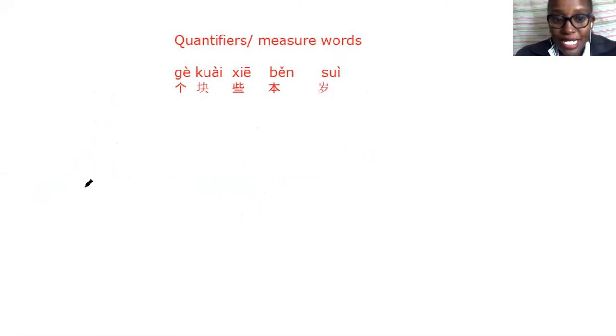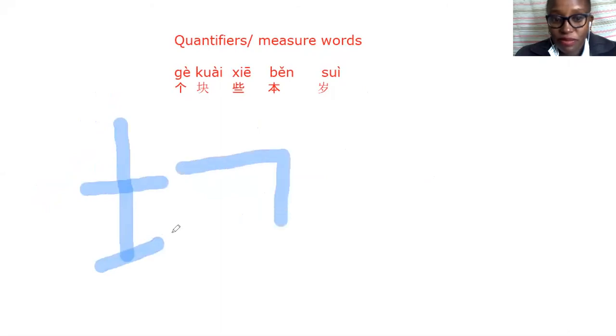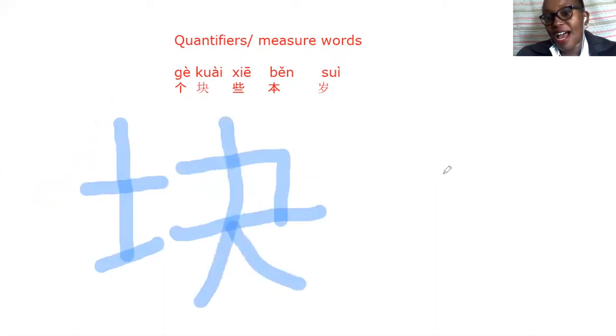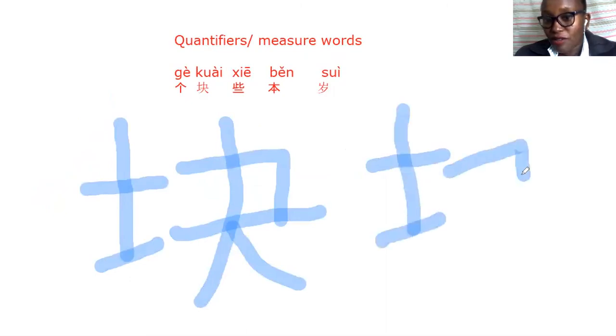一块蛋糕, a piece of cake. So we write it this way: 一, then 二, 三, 四, 五, 六, 七. Again: 1, 2, 3, 4. Now just a minute.